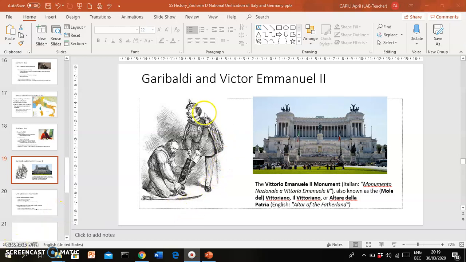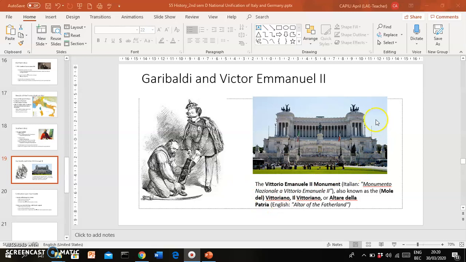You can see here on the left quite a well-known sketch or political cartoon. Garibaldi, on his knees, helping Victor Emmanuel put on the Italian boot, giving up his conquests for the sake of a unified Italian nation state.